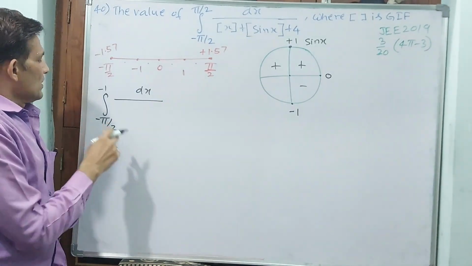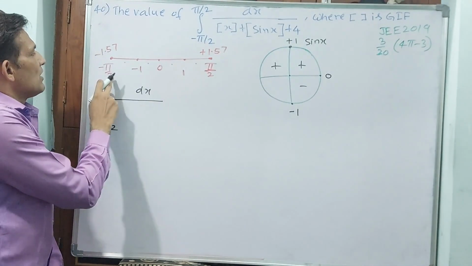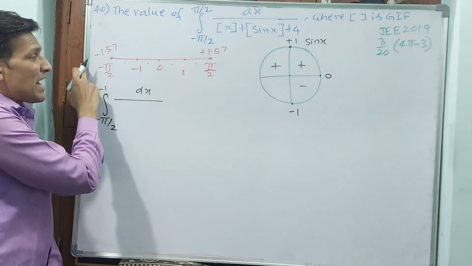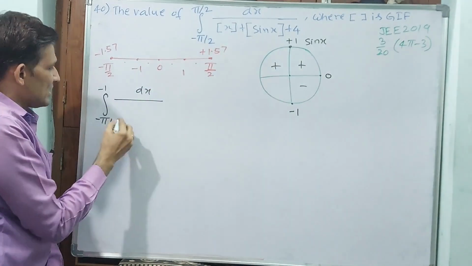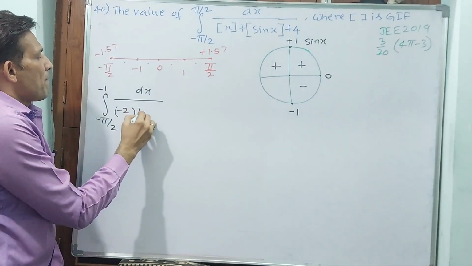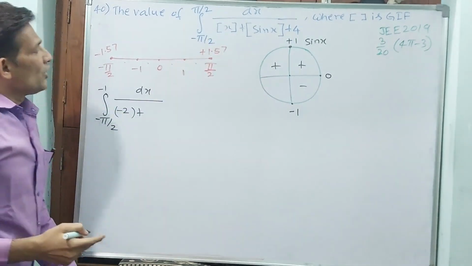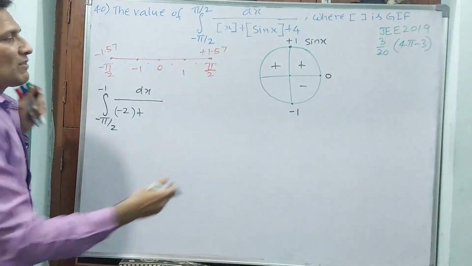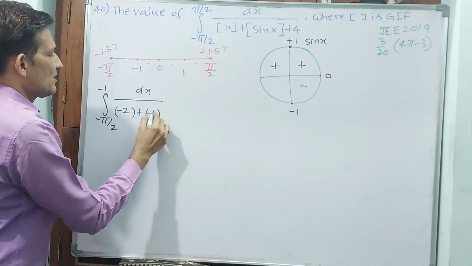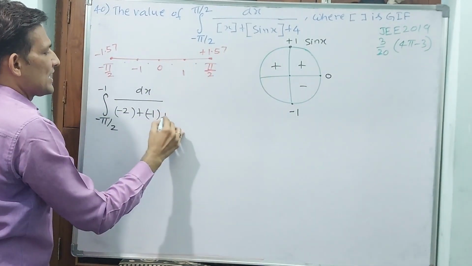Minus pi by 2 to minus 1 means what answer is going to come? On the left side minus 2 is going to come for this. That is very important. The integer is minus 2, plus. Now tell me, minus pi by 2 to minus 1 means what will come here? Minus 1. Okay? Plus 4.